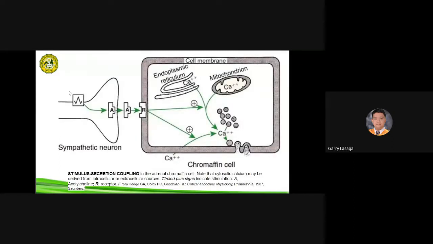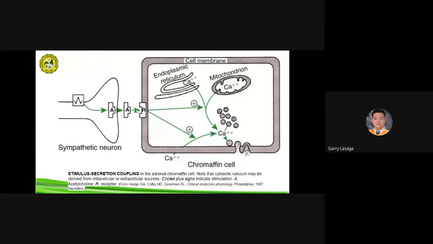So this is the diagram of our stimulus secretion coupling. Stimulus secretion coupling is a mechanism whereby catecholamines are released from the adrenal medulla, particularly the chromaffin cells. This diagram here represents the sympathetic nerve, which is also known as the preganglionic nerve.